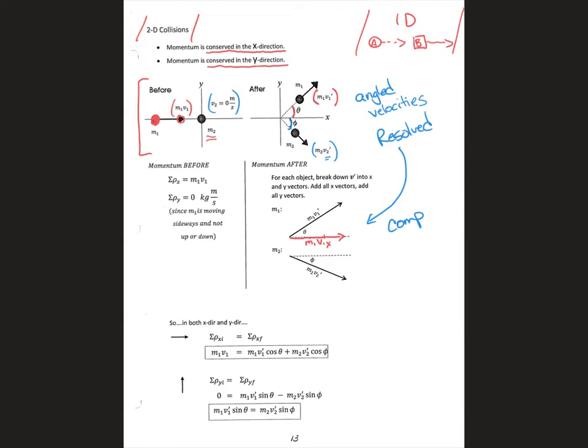But it also has a y component, so it would be m1 times v1 prime, but the y component. A little tricky, and we hopefully remember that to find those two sides, we would need to introduce sine of the angle to get the y component, because it's opposite, and then cosine of the angle theta to resolve the velocity into its components.